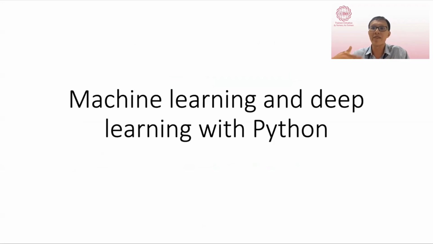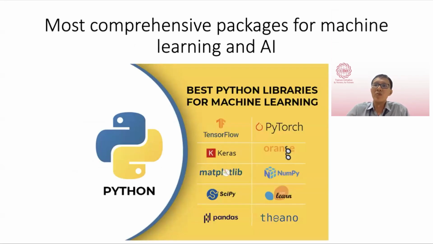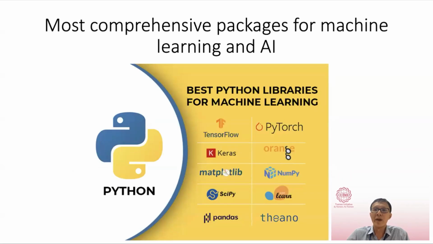One of the big aspects of using Python is really the machine learning and the deep learning part. And why Python is so much better is because it has one of the most comprehensive packages made for machine learning and AI.